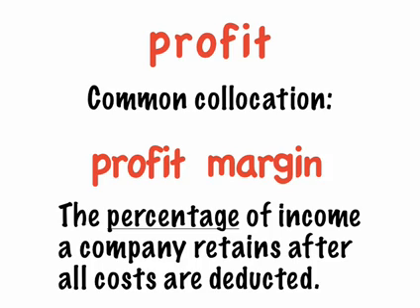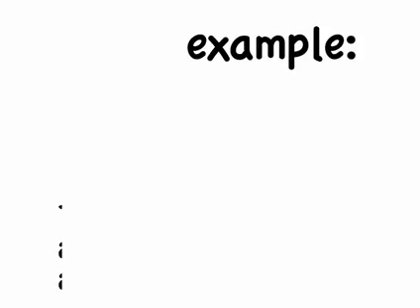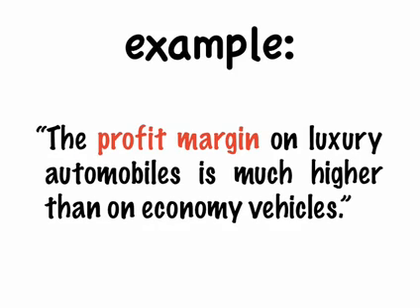A profit margin is the percentage of gross income a company retains after all costs are deducted. If the cost of producing a product is almost as high as the selling price, the profit margin will be very low. The profit margin on luxury automobiles is much higher than on economy vehicles.